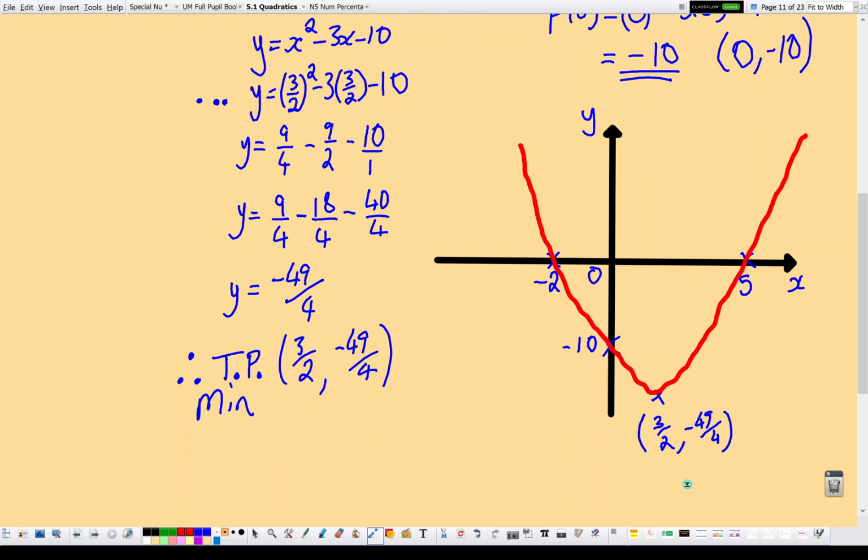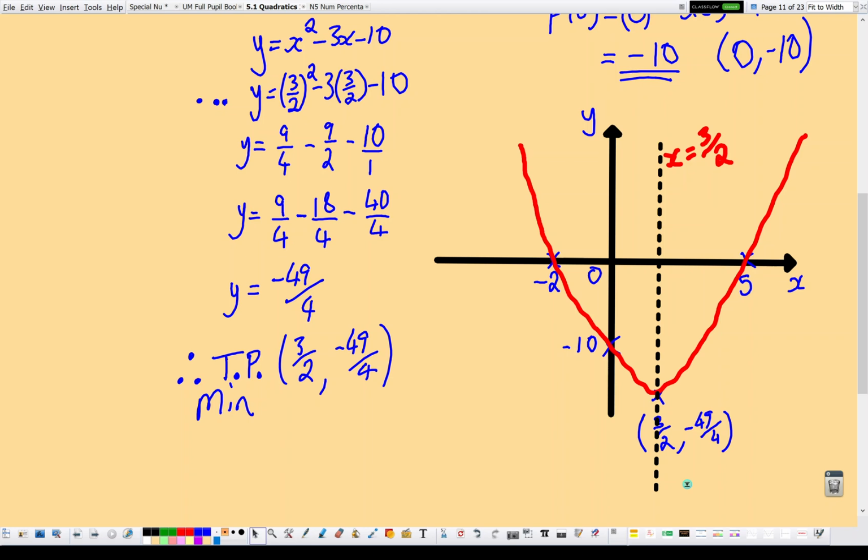And I'll mark on the axis of symmetry, which was x equals 3 over 2.